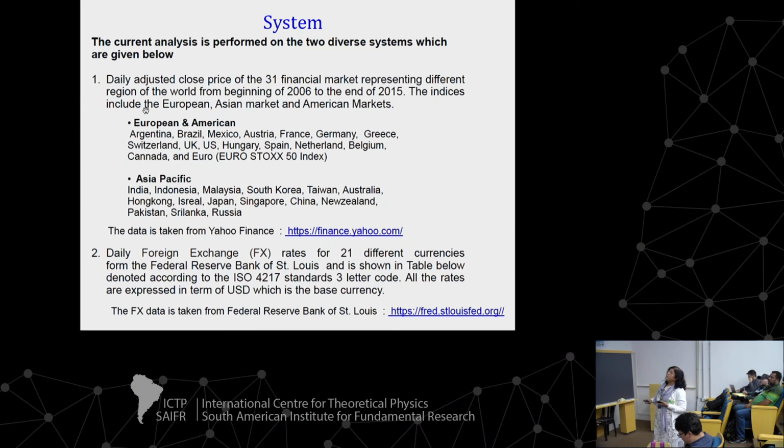This is the European and American, and this is the Asian. This data is taken from Yahoo. Then we'll study another market, which is the foreign exchange market, which has 21 different countries, and the data has been taken from the Federal Reserve Bank of St. Louis.